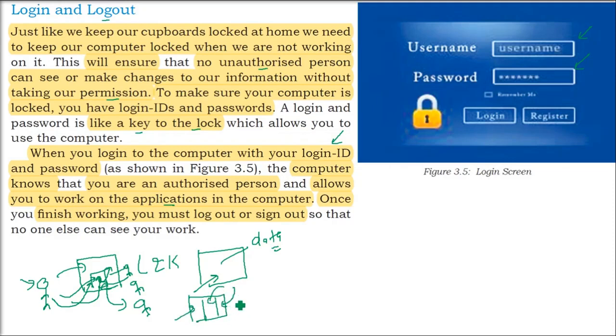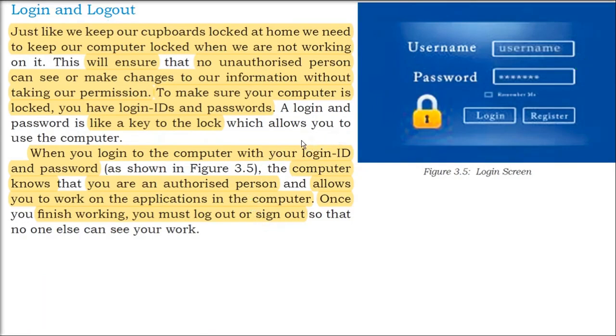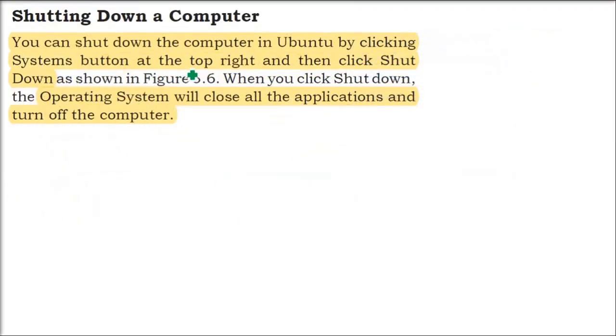You have a different space for different people in your computer, so that place is reserved for your data and the other place is reserved for the other person. So no unauthorized person can enter, and once you finish your work, you can log out, and another person can enter.